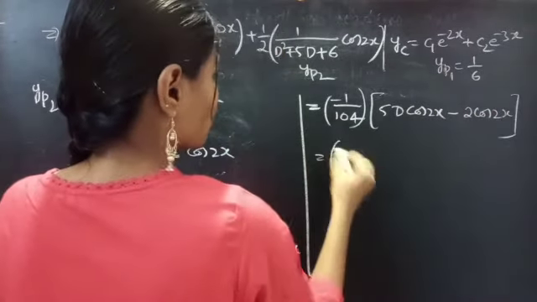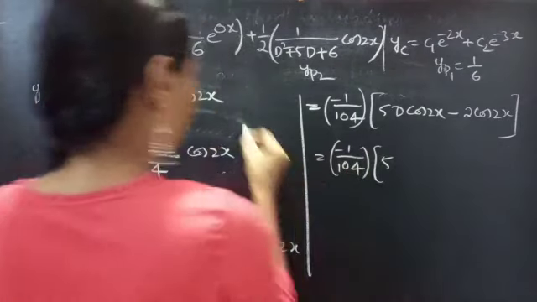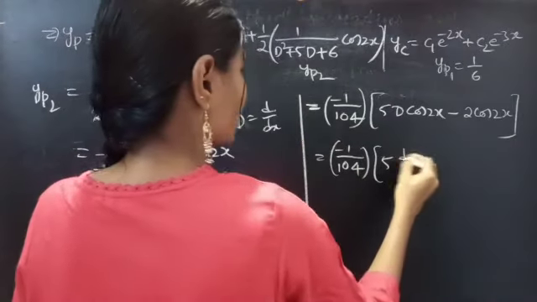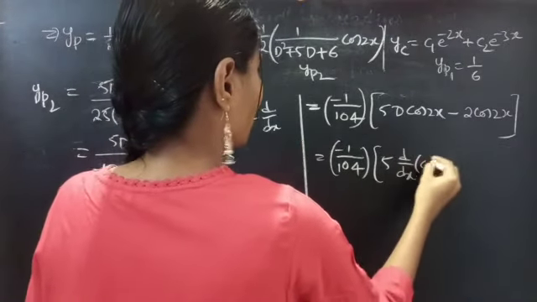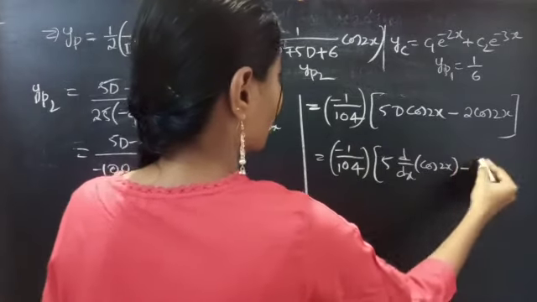Which equals -1/104 into 5 into, we know that D equals d/dx, so you can write D as d/dx of cos 2x. That is, we need to find the derivative of cos 2x with respect to x.